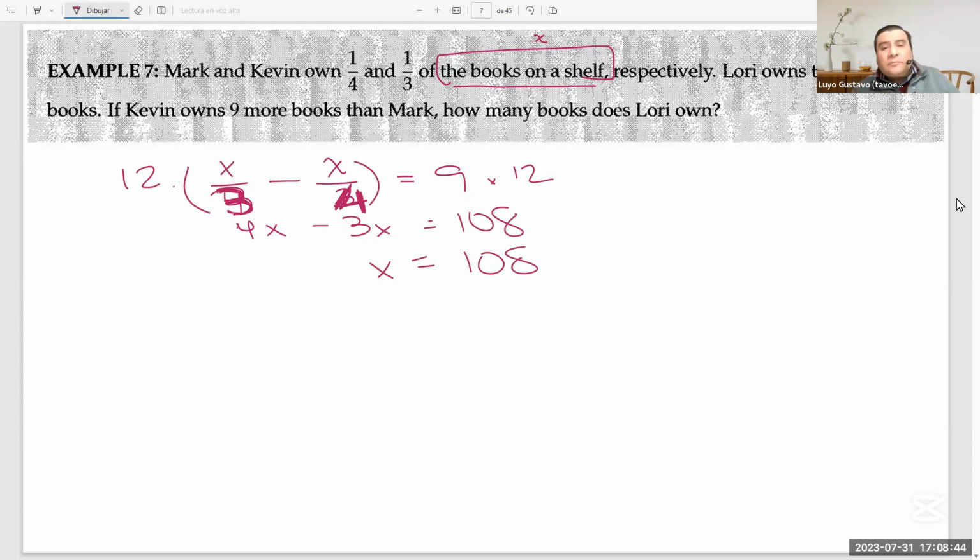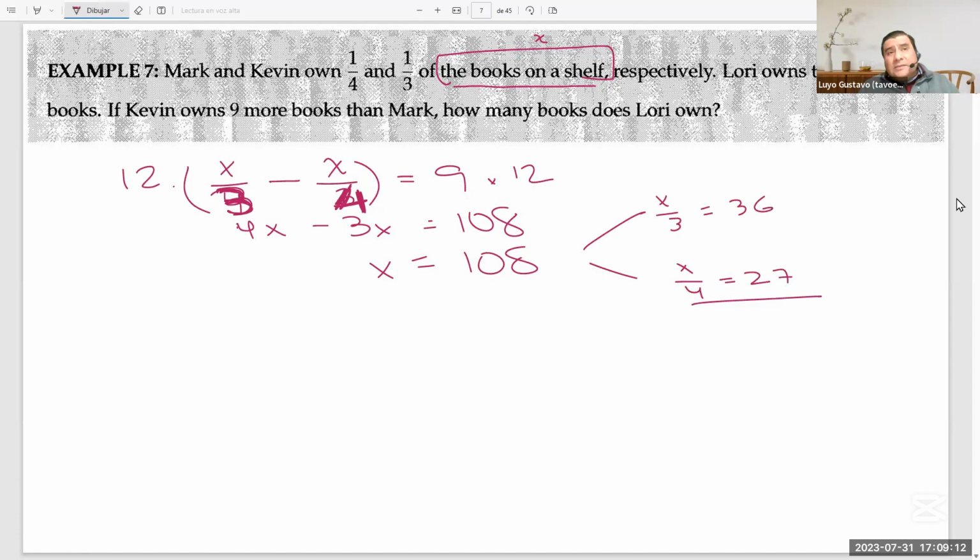So what happens now? What would be 1/3 of this? Here, X over 3 would be 36 and X over 4 would be 27. Right? So what does this mean?